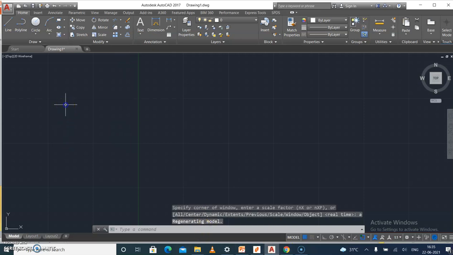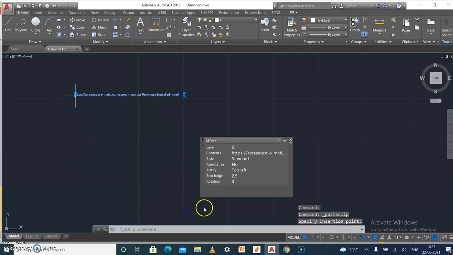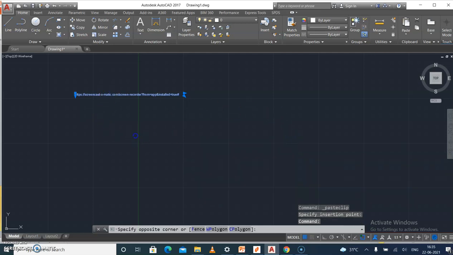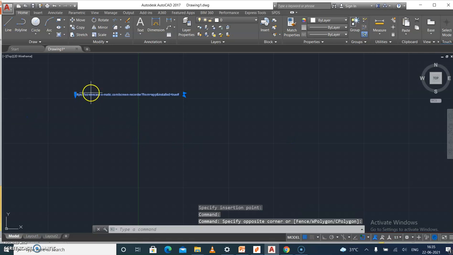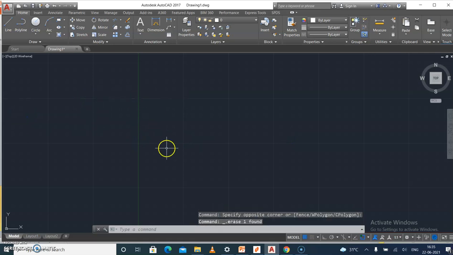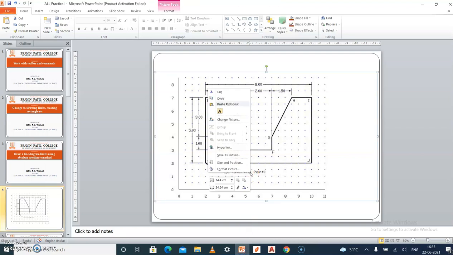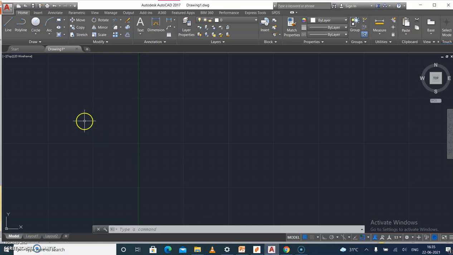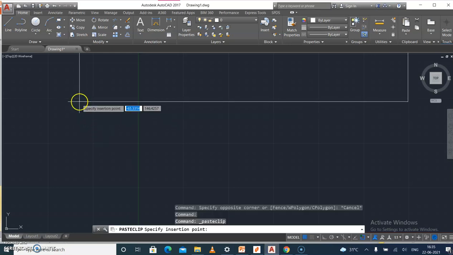So first copy that diagram on this page. I copy this diagram and paste it on the AutoCAD screen.